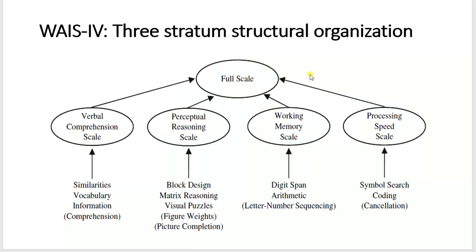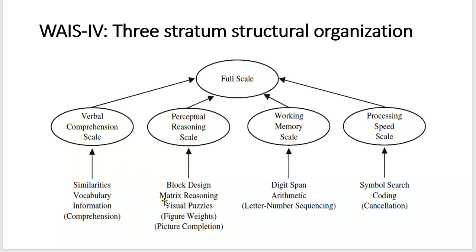But now see, WAIS 4 has a three-stratum structural organization. At the bottom, you can see the narrow abilities like similarities, vocabulary, information, comprehension. These are individual subtests measuring some narrow cognitive abilities, and these combined together form a broader mental ability called verbal comprehension.